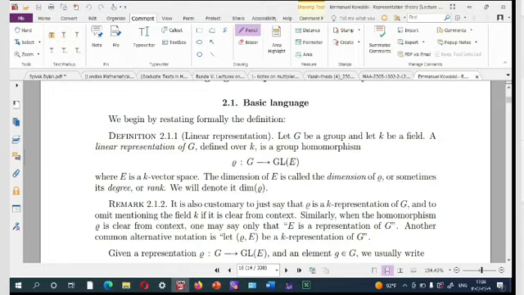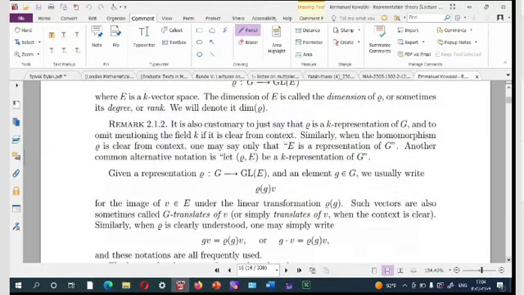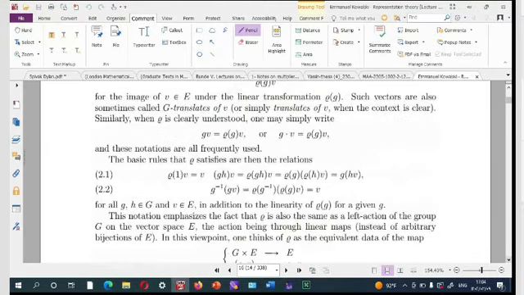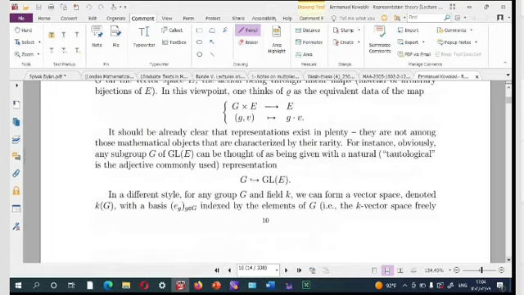Okay, and other properties and examples that you can follow from this book, and I explained for you in the previous sessions.